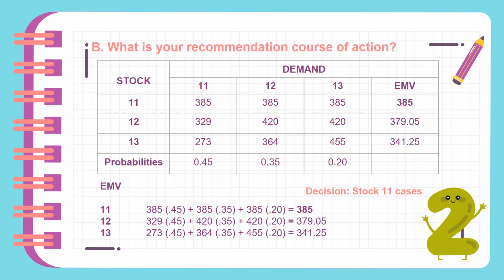For the stock 11, the formula is stated therein: 385 multiplied by 0.45 probability, plus 385 under the stock 12 multiplied by 0.35 probability, plus 385 multiplied by 0.20, and we got the 385 expected monetary value under the stock 11. And then the same process goes with stock 12 and stock 13.